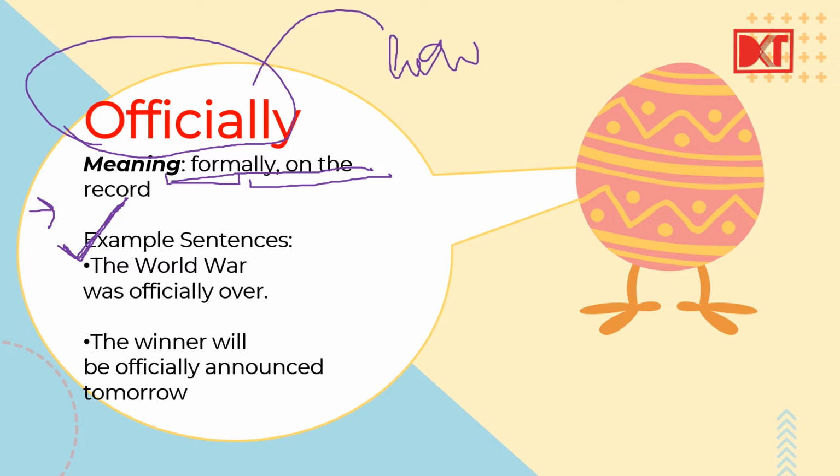Then the winner will be officially announced tomorrow. Officially मतलब जब properly through authorities जब result आएगा, then the winner will be announced. Okay, so the question of how, officially, answers the question of how in these sentences. And next.